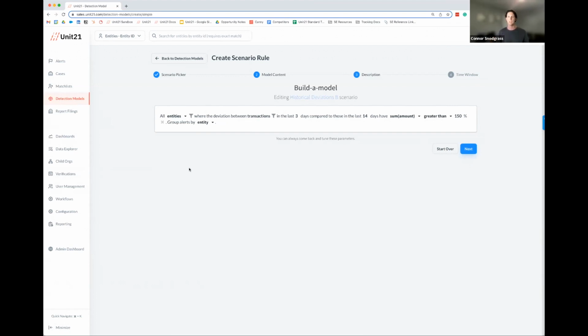So really easy to write these types of rules that look for patterns of behavior that are unusual for that individual user.